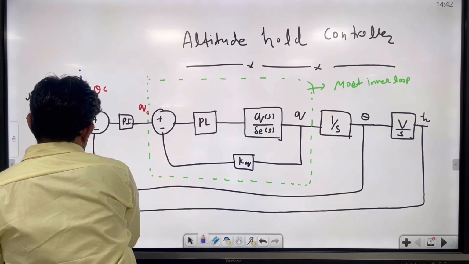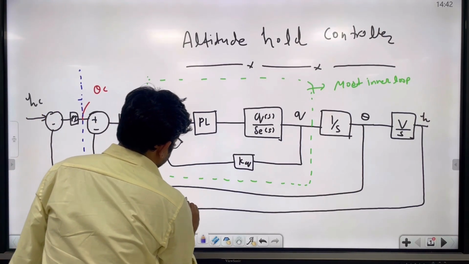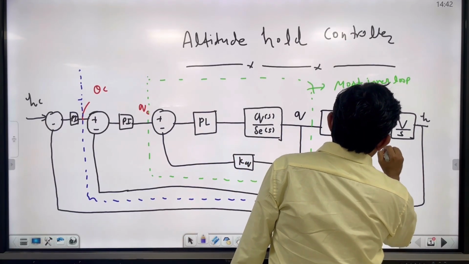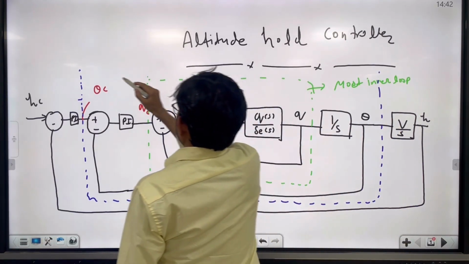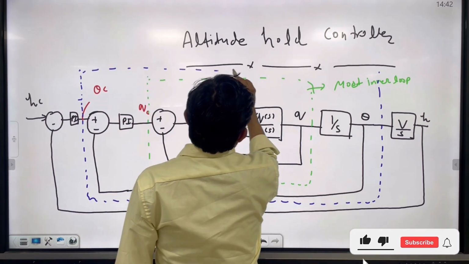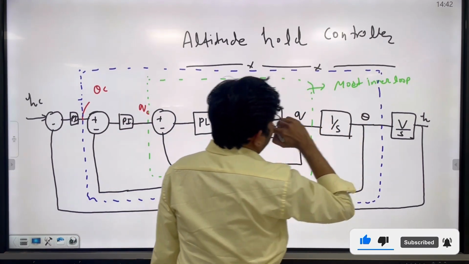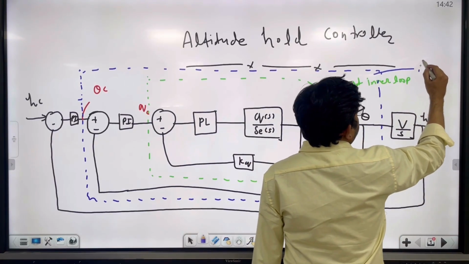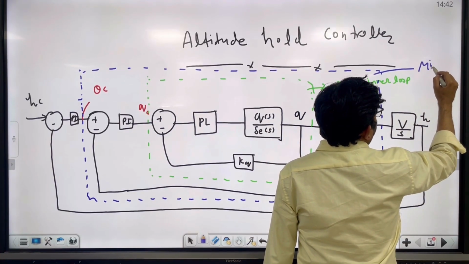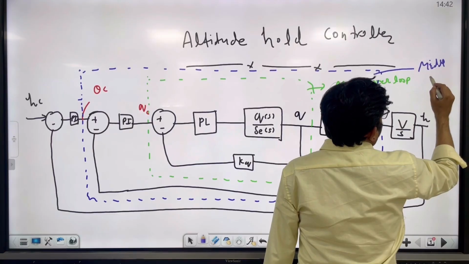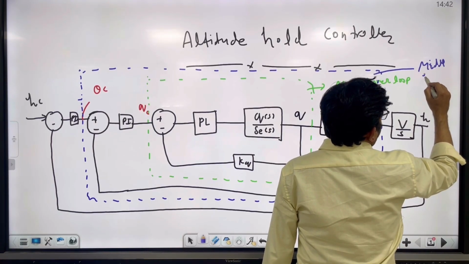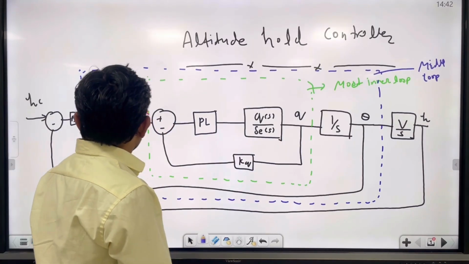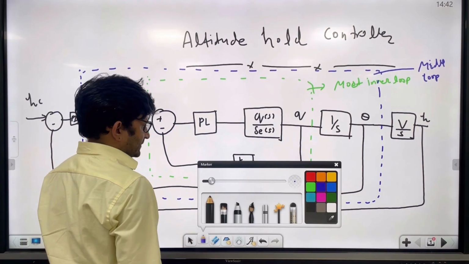So this also will be an inner loop, but you can call it the middle loop. And what is the third one?